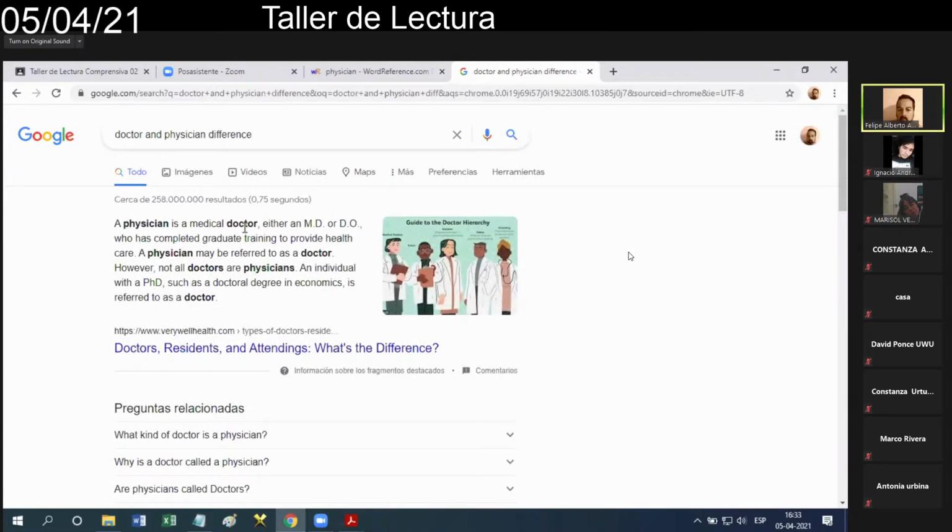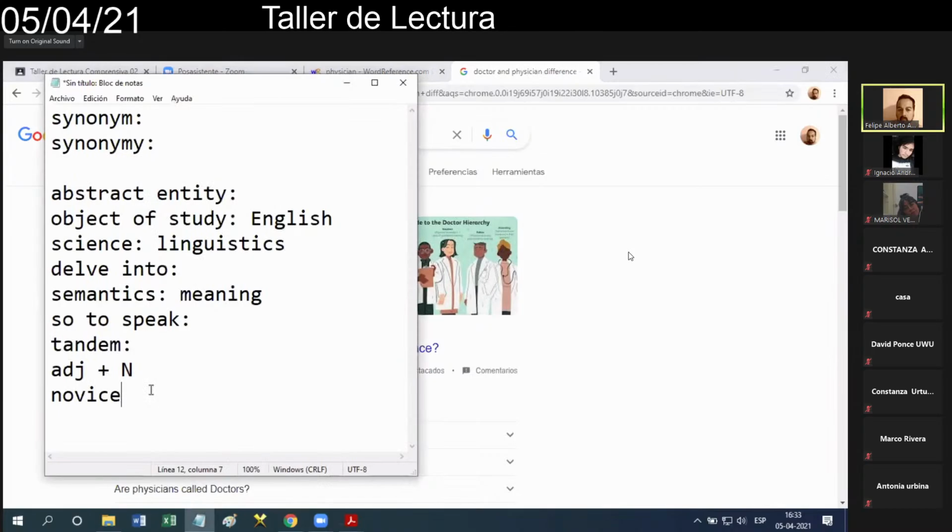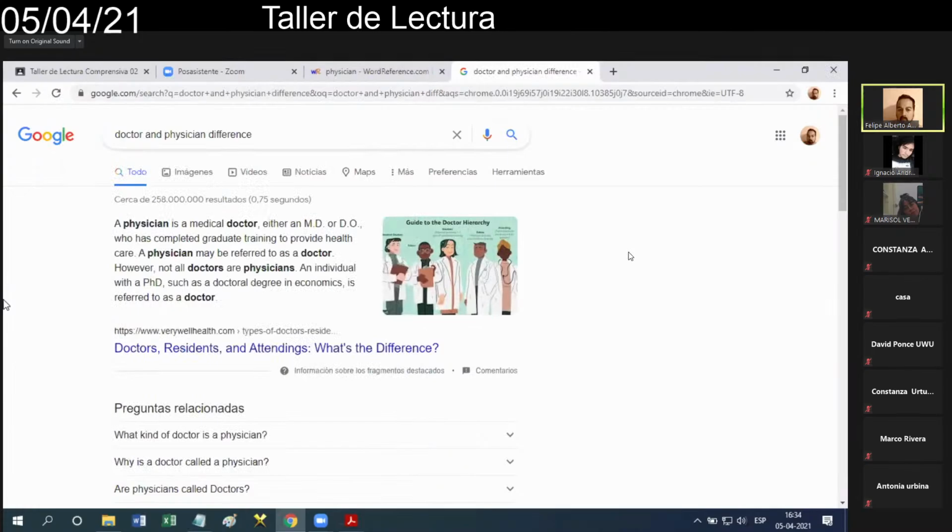So he or she has the degree, the university degree. That's the difference. So now you have learned a new concept. We are not talking about words, we're talking about concepts. What's the concept here?